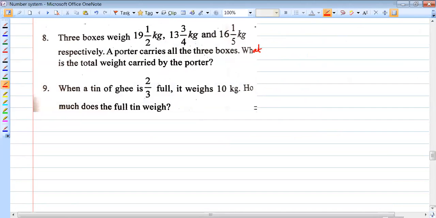Here, when a tin of ghee is 2/3 full, it weighs 10 kg. So how much does the full tin weigh?